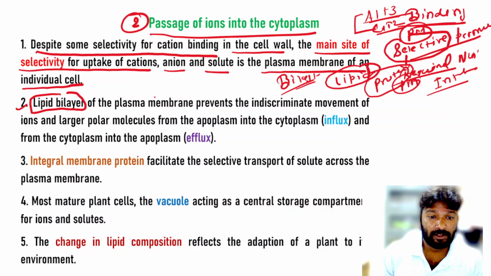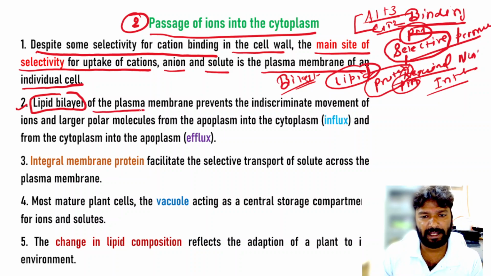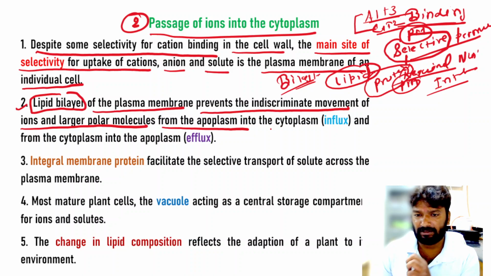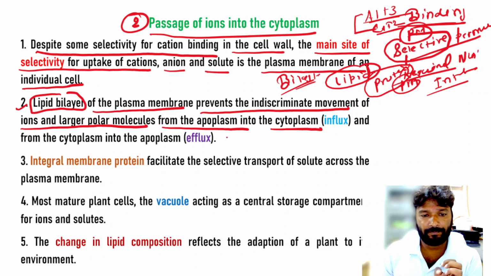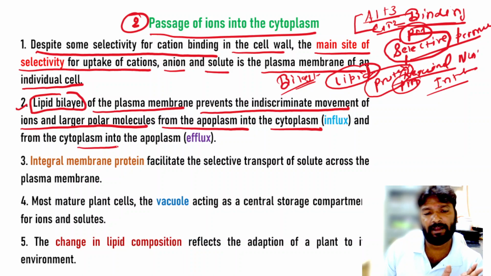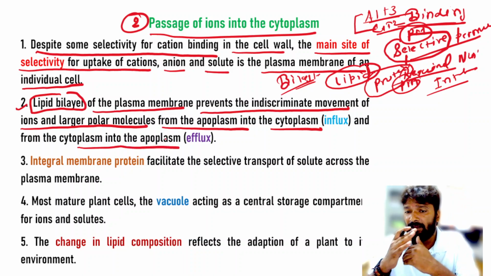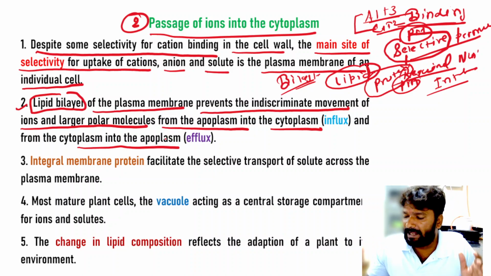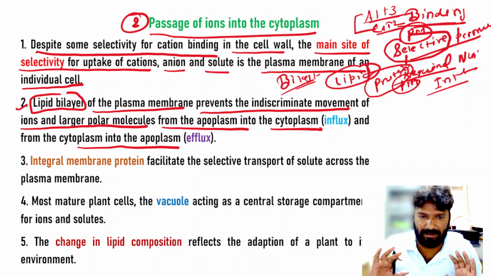Okay. So this lipid bilayer of the plasma membrane prevents the indiscriminate movement of ions and larger polar molecules from the apoplasm into the cytoplasm or from the cytoplasm into the apoplasm. Means अब आपकी जो प्लाज्मा मेम्ब्रेन है that works as a selectively permeable layer.